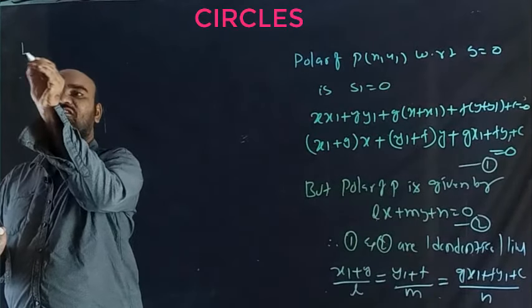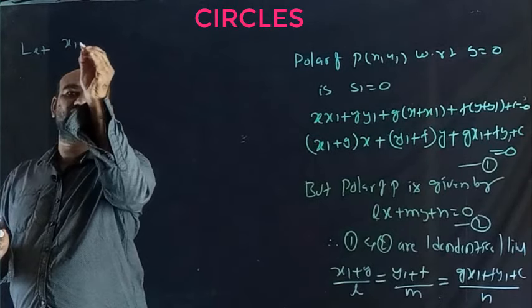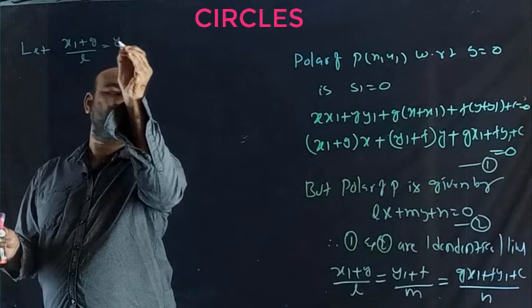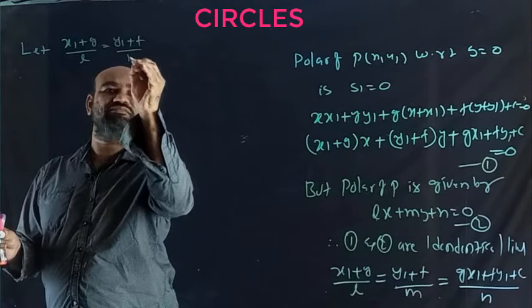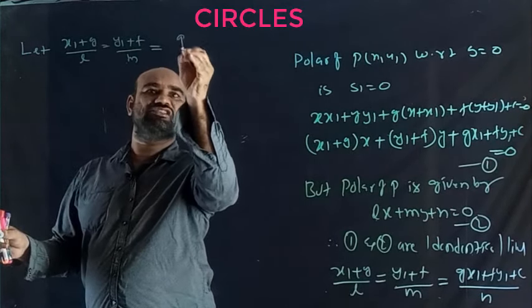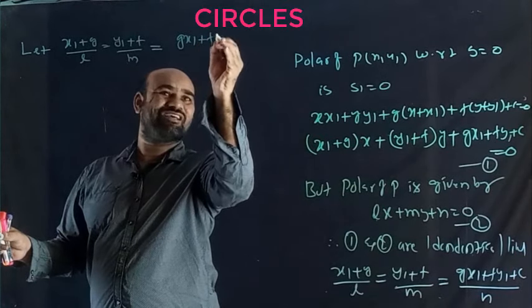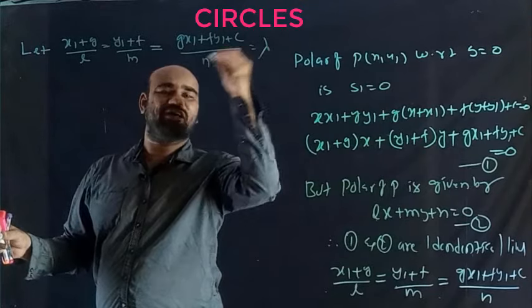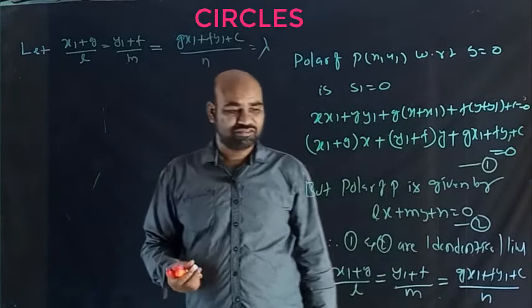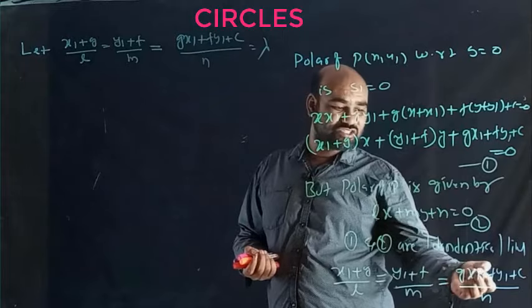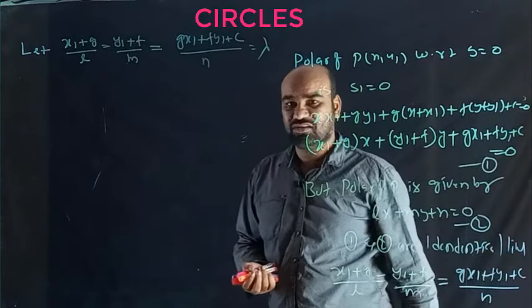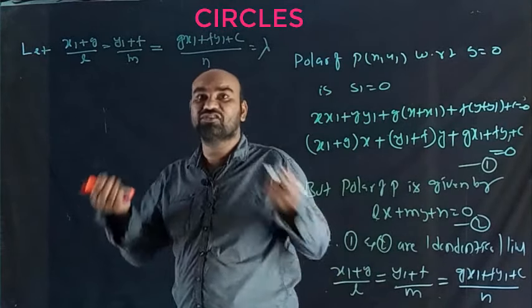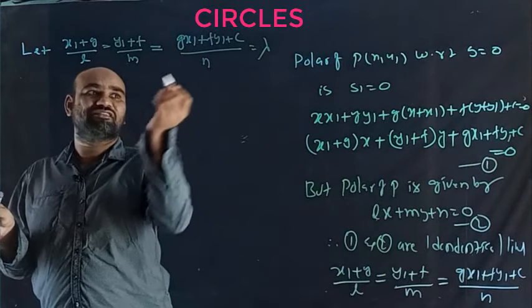Let (x1 plus g) by L equal to (y1 plus f) by M equal to (gx1 plus fy1 plus c) by N. Let it be lambda. Actually, in the result, instead of gx1 plus fy1 plus c, you have r square. R square means g square plus f square minus c. You want g square and f square, but g square and f square are not there. So this is taken as lambda.